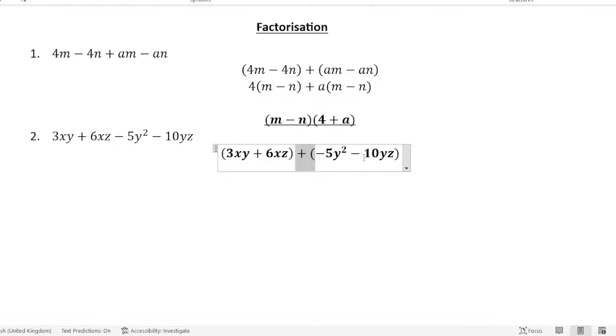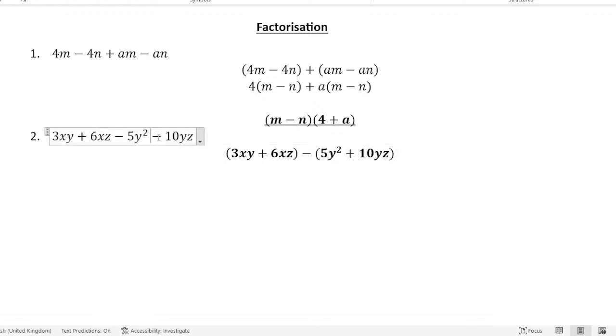This 10 must be negative, and also this 5 must be negative. So instead of plus here we can have minus, and remove this minus, and here we have a plus. Remember, a negative multiplied by a positive gives us negative 10, and also a negative multiplied by a positive gives us negative 5, right? So we've grouped these together.